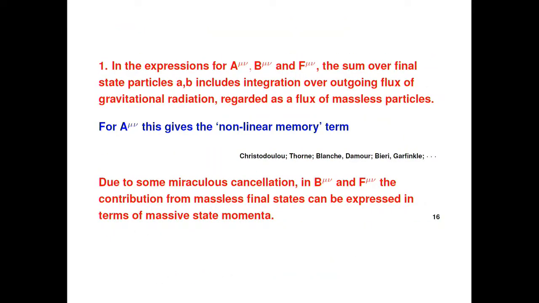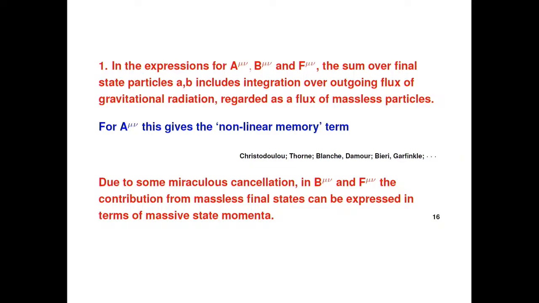Now all final state particles will mean also the gravitational radiation, because gravitational radiation you can also regard as a flux of massless particles that is coming out toward the detector. So you have to include the contribution from gravitational radiation in the expressions for these, and this makes it hard to calculate these objects.